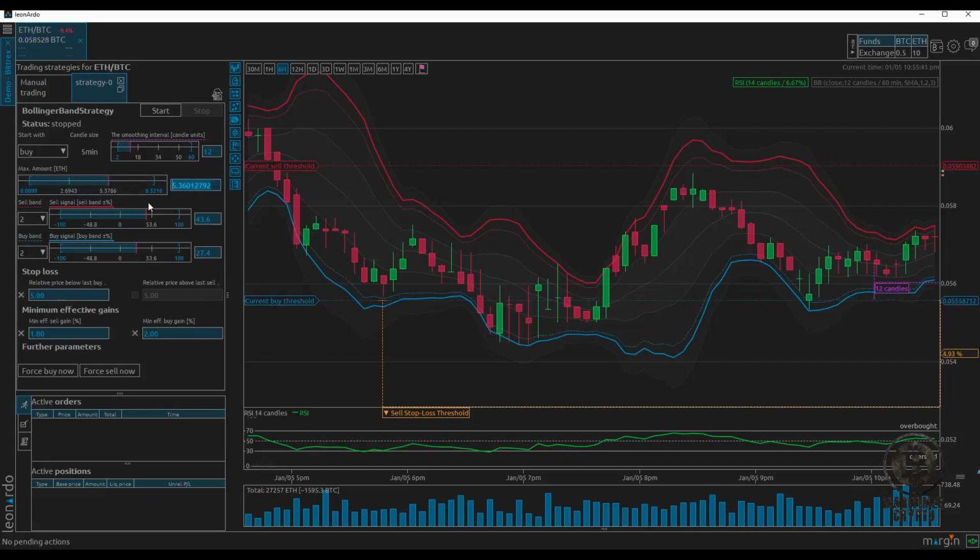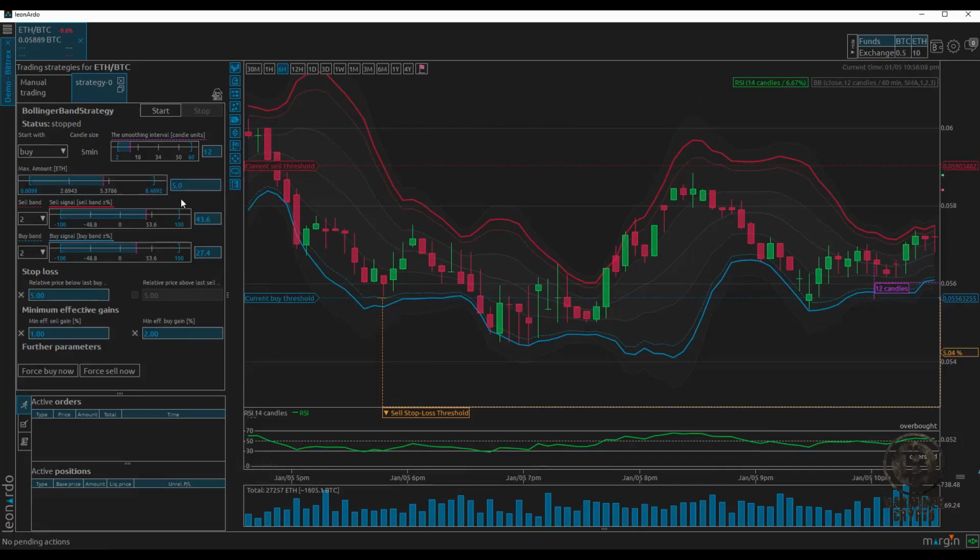Just bear in mind that with Leonardo, it's actually a little bit different than what you would expect. You actually choose how much coin you want to buy or sell. In this case, because I have the pair Ethereum Bitcoin, this means how much Ethereum you want to trade. I currently have in the virtual wallet here 10 Ethereum.